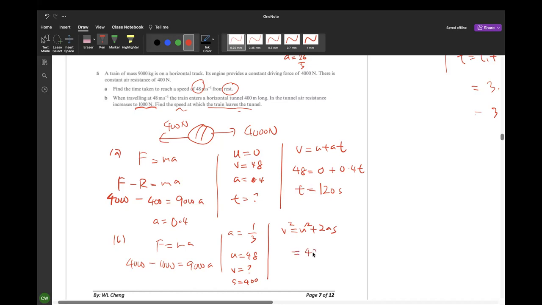Initial speed 48. Acceleration 1/3. Distance is 400. What is V? Square root of 48 square plus 2/3 times 400. What is the answer? 50.7, correct.